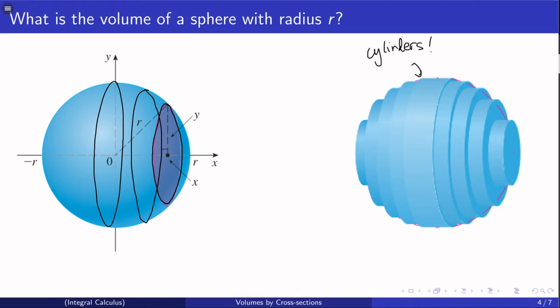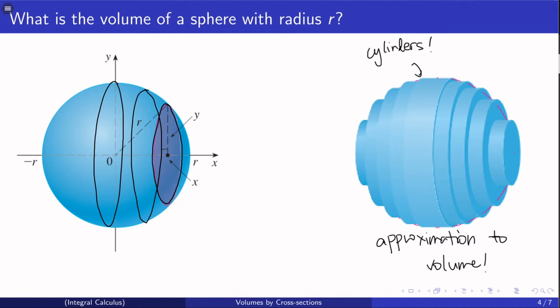And so the idea here is that we can also approximate the volume of the sphere by adding up the volumes of all these cylinders.